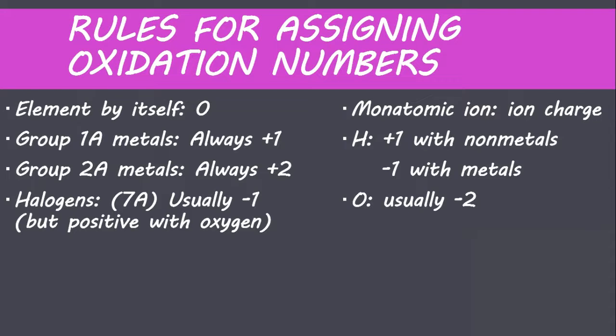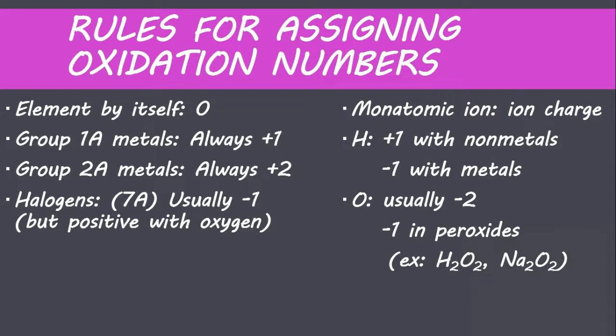Oxygen is usually a -2, except when it's in a peroxide. So a peroxide would look like this, H2O2 or Na2O2. And then fluorine is always a -1. This one is an always rule. Even though it's a halogen and it says usually -1, fluorine is the exception.